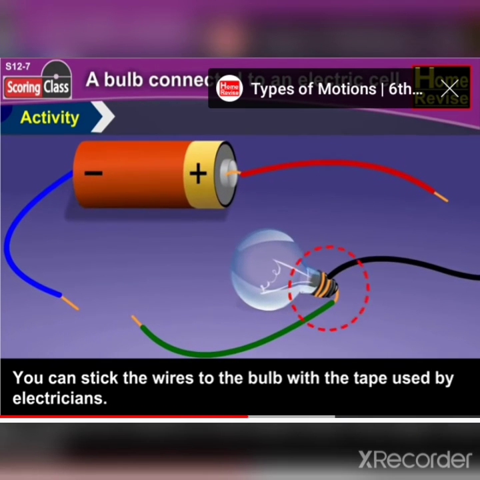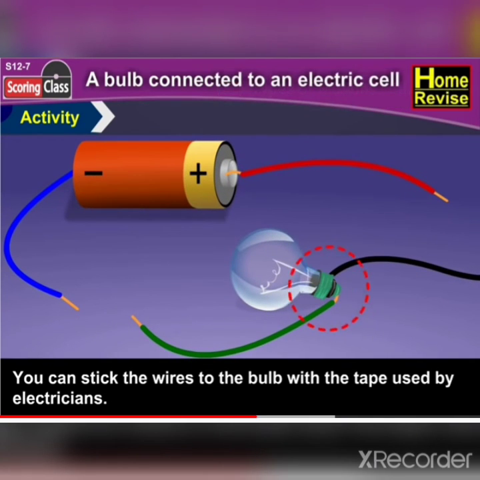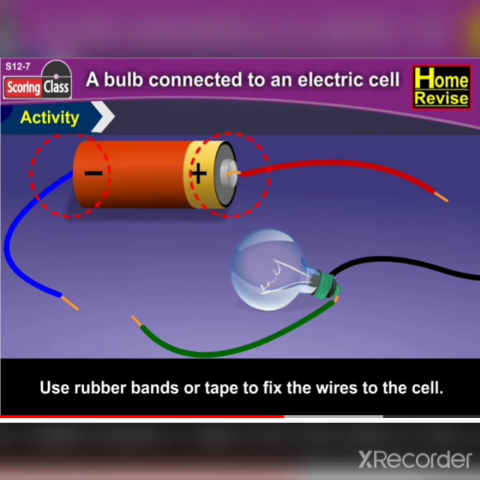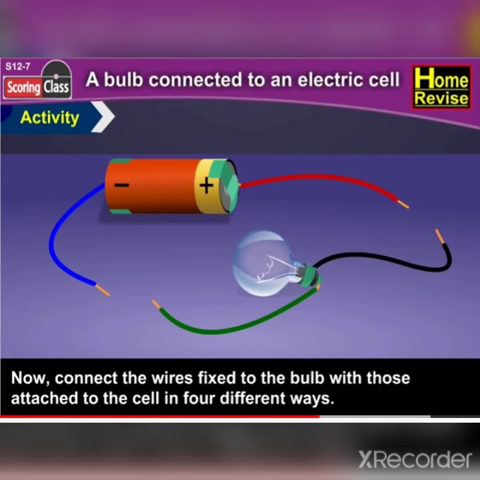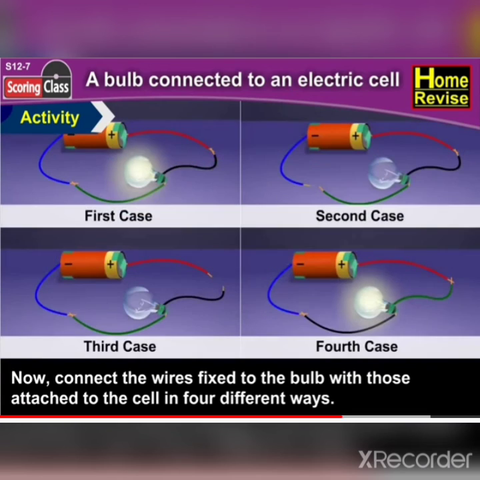You can stick the wires to the bulb with the tape used by electricians. Use a rubber band or a tape to fix the wires to the cell. Now connect the wires fixed to the bulb with those attached to the cell in 4 different ways.